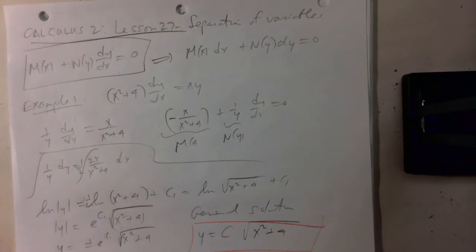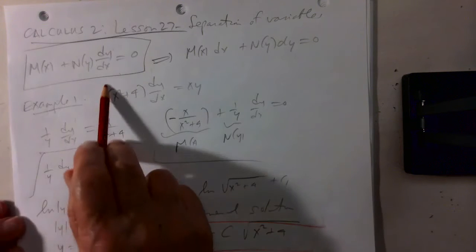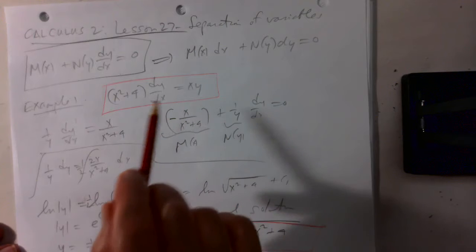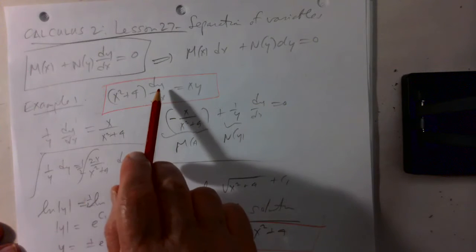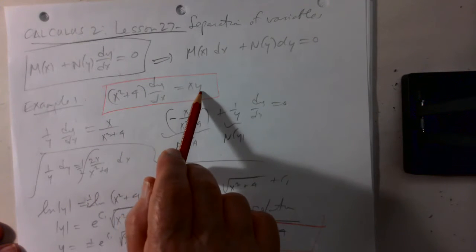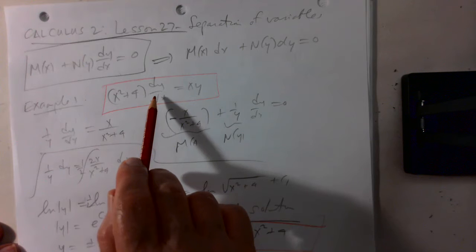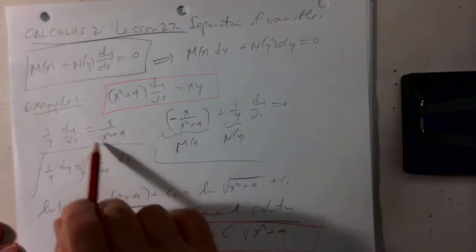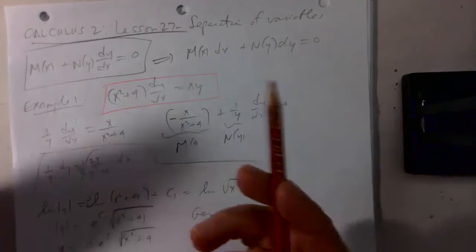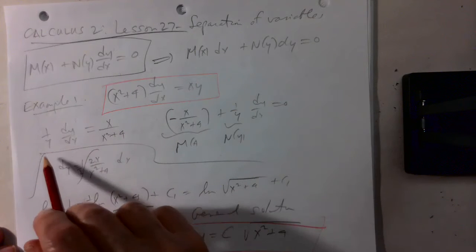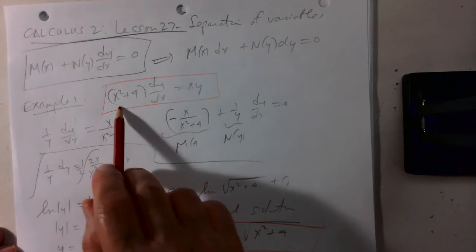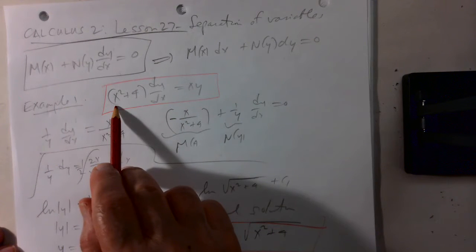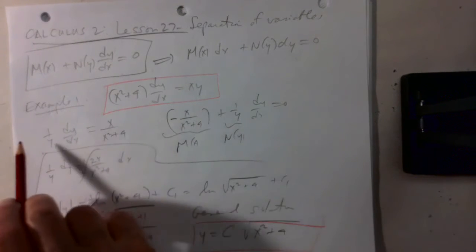So let's just go back and review what we did. Here was the differential equation we started with. Here the variables are not yet separated because I have x and y here and x and y's here. When it's separated, on one side of the equation you only have y's, and on the other side you only have x's. But I can divide. If I divide by y, I bring the y over to the left. If I divide by x squared plus 4, I bring this over to the right.